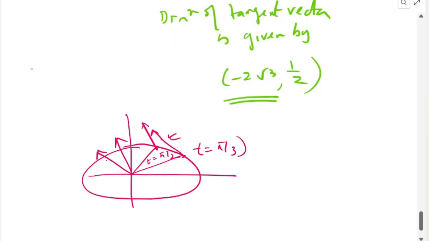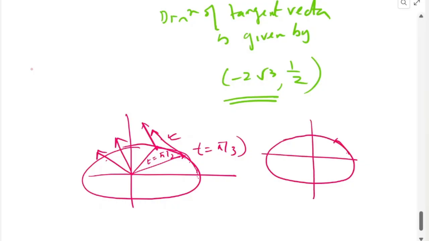So one thing you see, as I change my t, I am moving along the curve, and simultaneously, as I am traversing in this direction, the tangent is also moving like this, right?